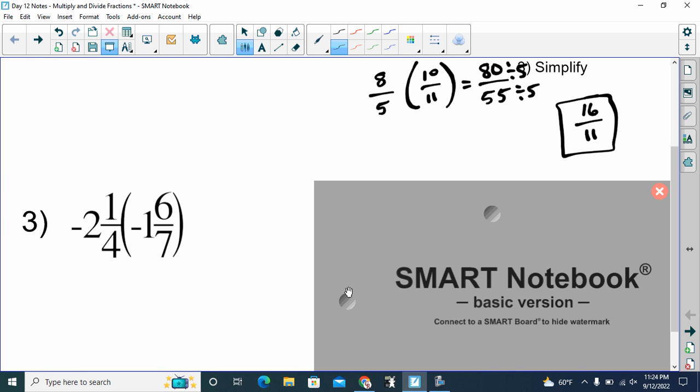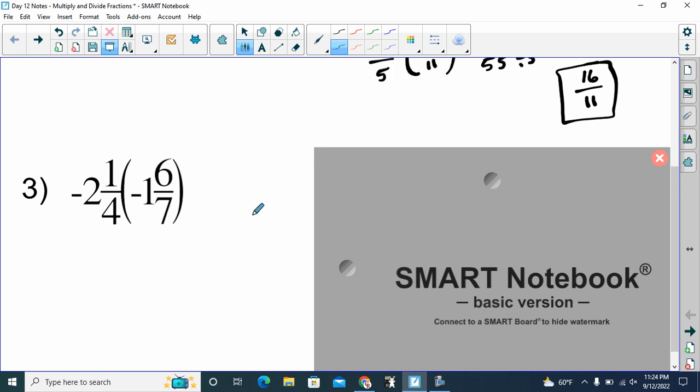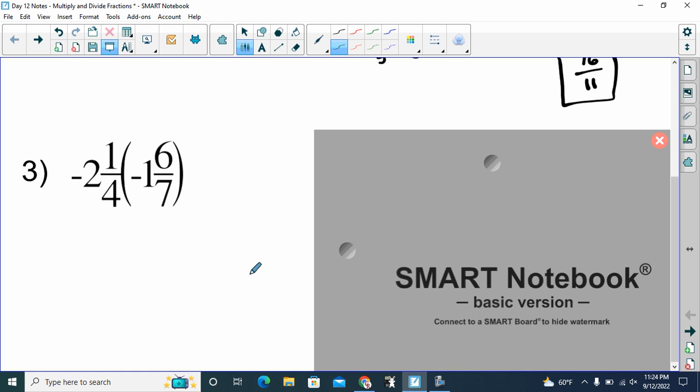Number 3 says -2 1/4 times -1 6/7. -2 1/4 times -1 6/7. Start by changing to improper fractions.